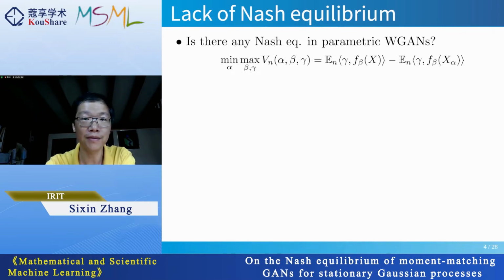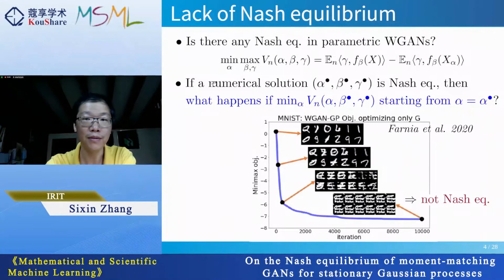Now, in this kind of practical GANs, one numerical observation is that if one assumes that alpha dot, beta dot, gamma dot is a Nash equilibrium, then one can minimize over alpha by fixing the other two variables, and alpha should not change too much from alpha dot. But that's not the case in the recent paper published in ICML.